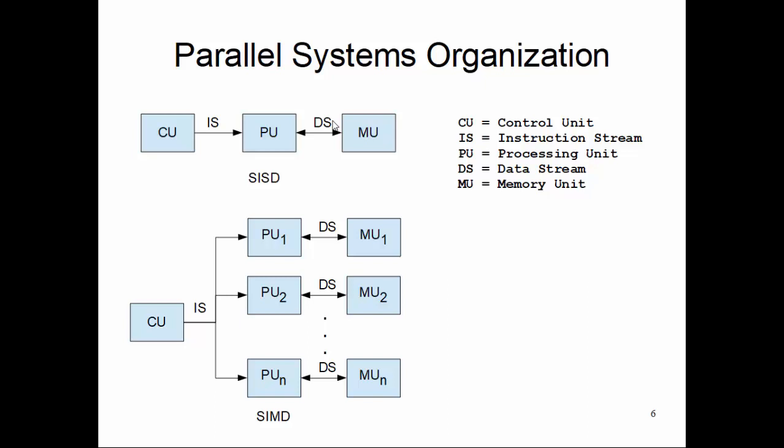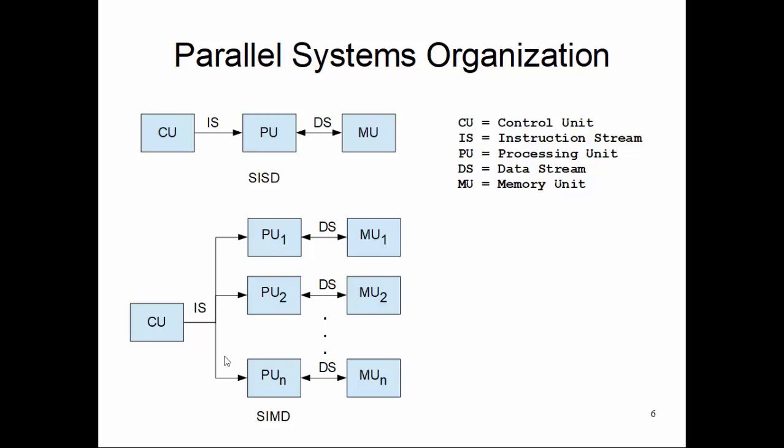So with the same notion, SIMD, single instruction multiple data stream, can be viewed as your control unit sending out instructions through one single channel to multiple processing units. They are acting in parallel, and each of these processing units is connected to an individual memory unit. Your data stream is separate. So single instruction stream, multiple data stream.